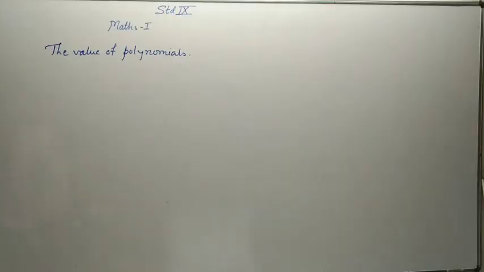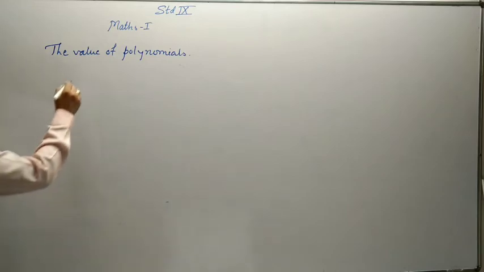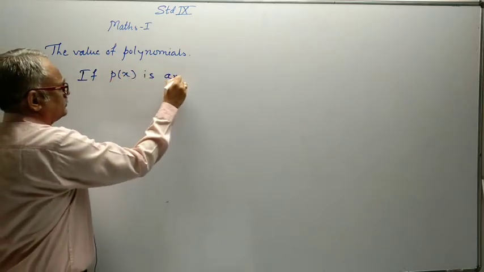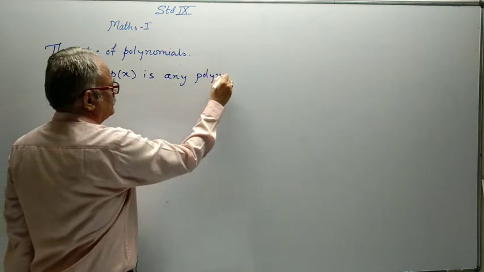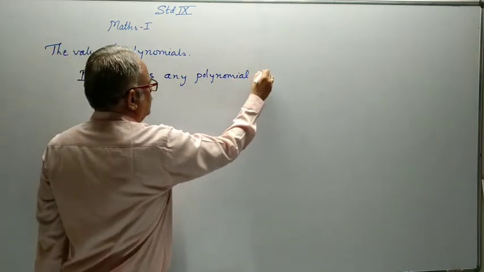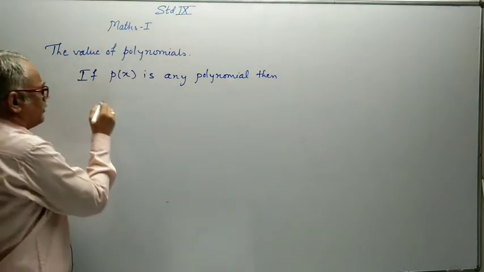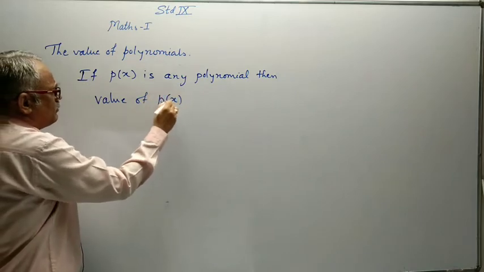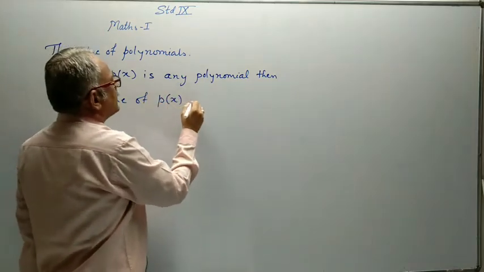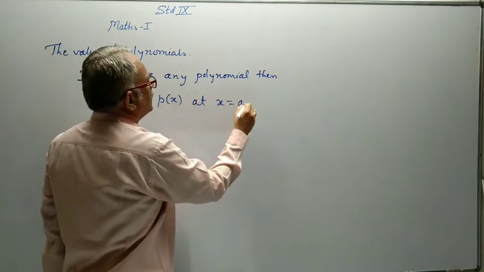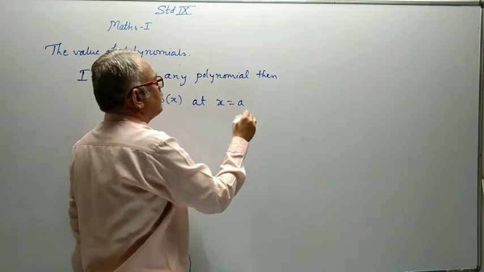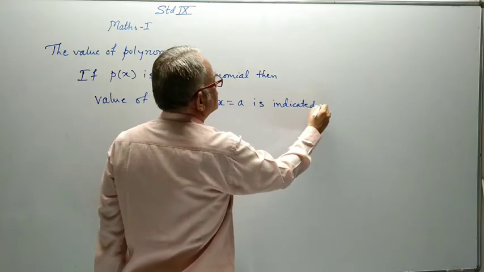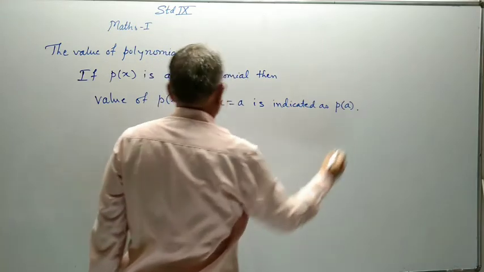Value of polynomials. If p of x is any polynomial, then the value of p of x, that is the polynomial in variable x at x equal to a, where a is a number like 2, 3, minus 2, minus 5, is denoted as p of a.